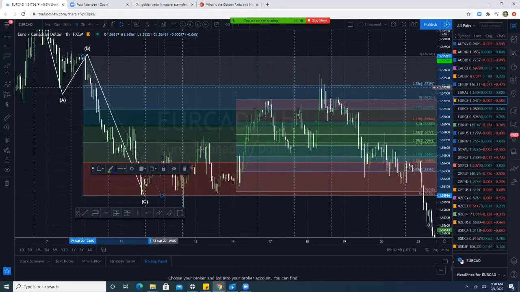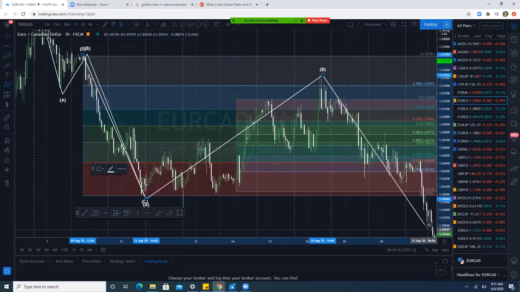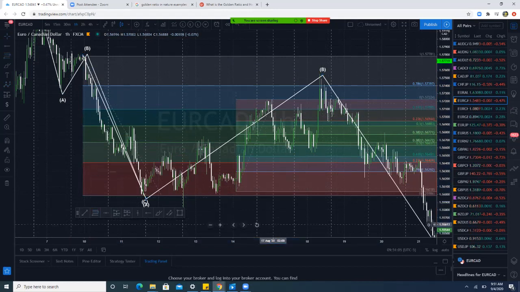We'll get into that. But you see how this particular swing basically followed the 78.6, which is another Fibonacci ratio.